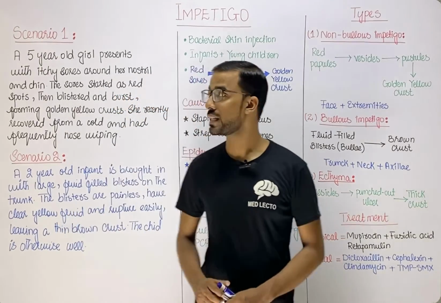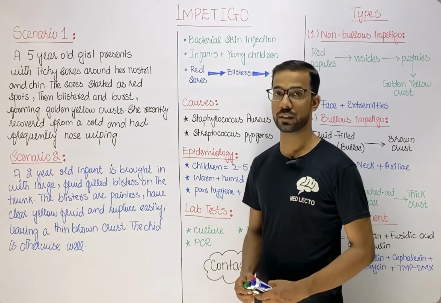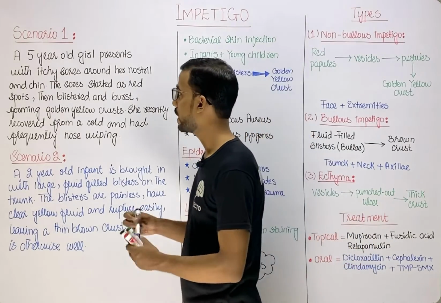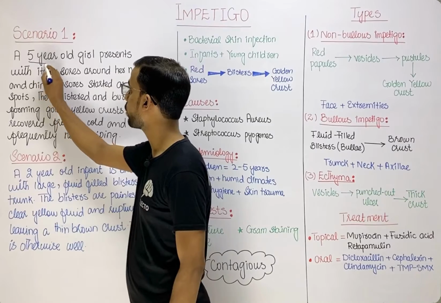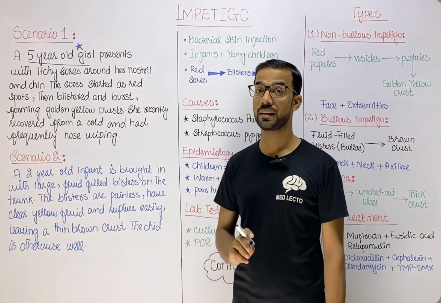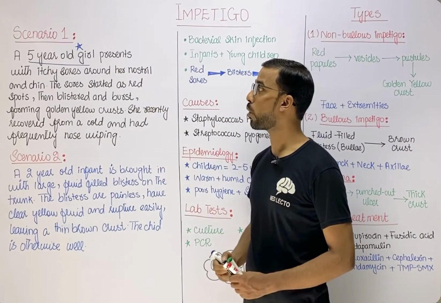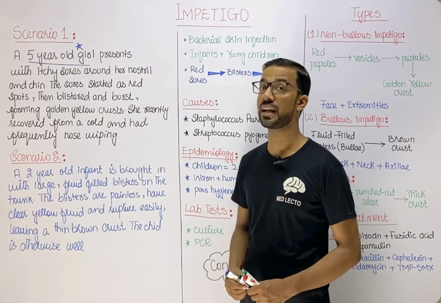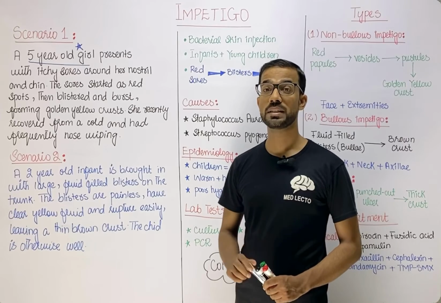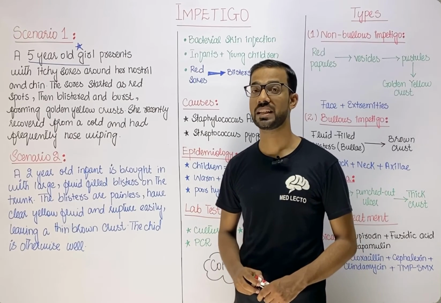Next, we will see the different scenarios. Scenario 1, a 5-year-old girl. As age is also an important factor, and it is common in children, it also indicates it can be impetigo. Next, she presents with itchy sores around her nostrils and chin. So it means non-bullous impetigo, commonly seen on the face and extremities.